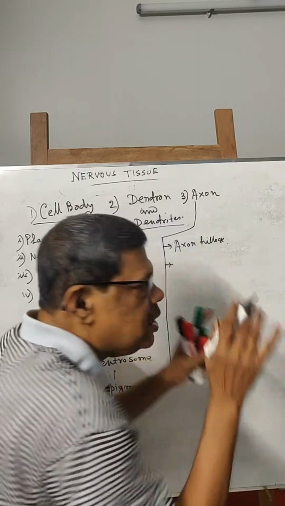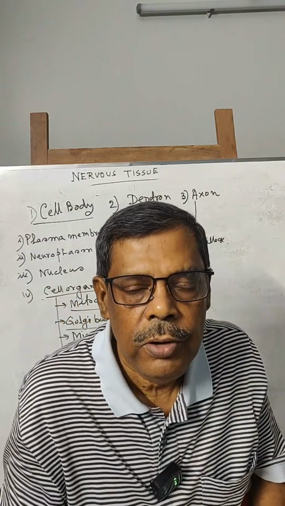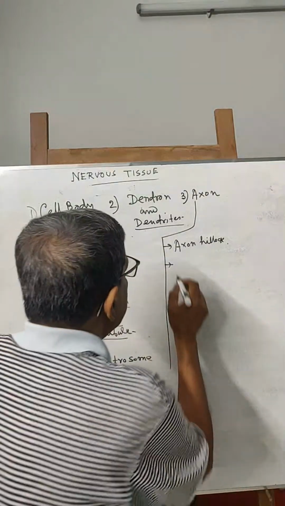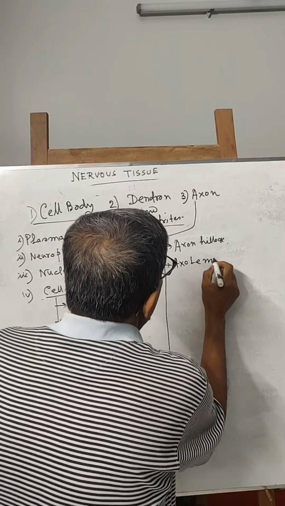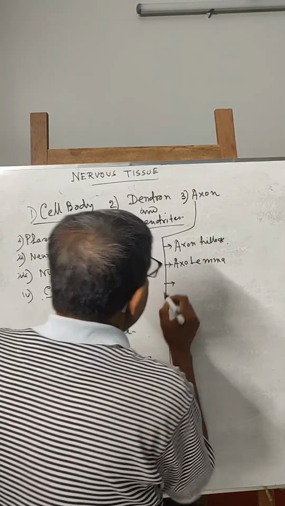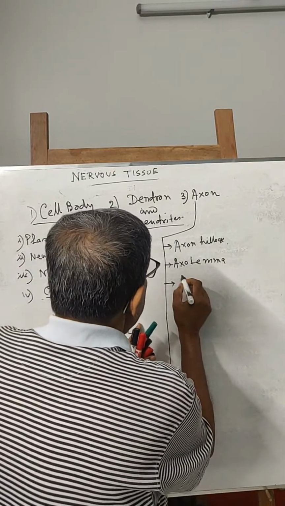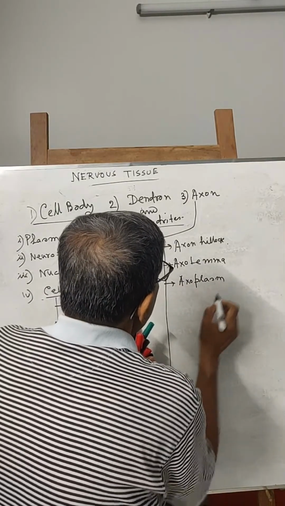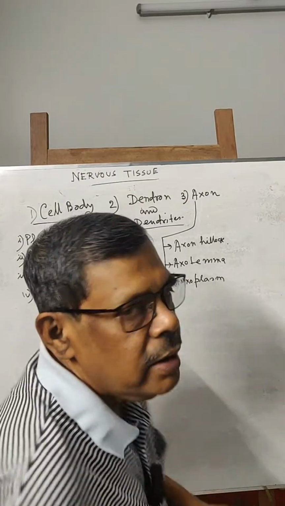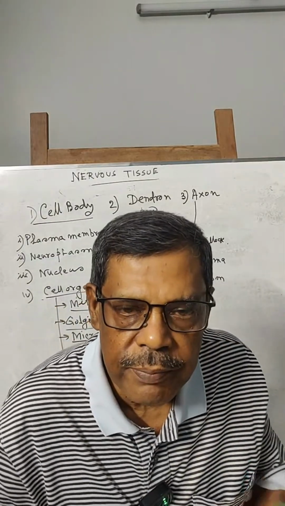Next, the axis cylinder, which is covered by the axolemma. Within the axolemma, there is the axoplasm. Within the axoplasm, Nissl granules are absent.